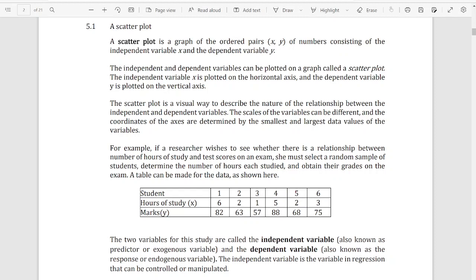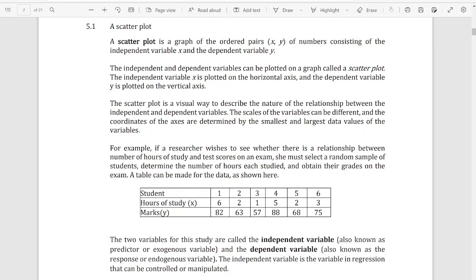So, dalam keadaan sini, scatter plot ni adalah memberikan satu gambaran visual untuk anda melihat sama ada terdapat perkaitan antara dua pemboleh ubah tersebut ataupun tidak. Okay, secara kasar. So, this is the preliminary exploration of your data set. Okay, you punya exploration awal tentang you punya data set. So, you boleh tengoklah macam mana dia punya perkaitan.